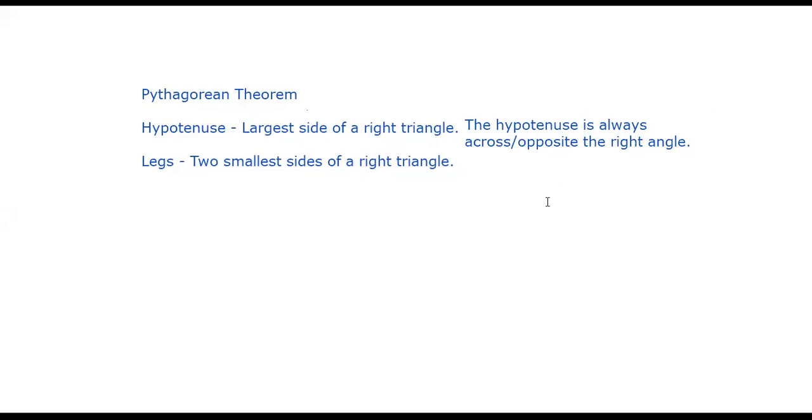So let's get some practice, and this relates to problem number 2, where I'll be drawing some right triangles, and I want you to help me out and determine where the legs are and where the hypotenuse is.